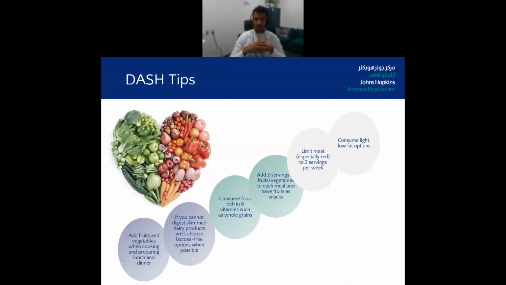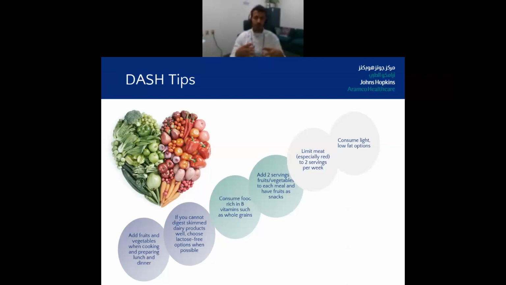So it's not a luxurious option. We should have it when we can, I mean the fruits and vegetables, but it's a main dish item. We should have at least 2 servings of fruits and vegetables in each of our daily meals.